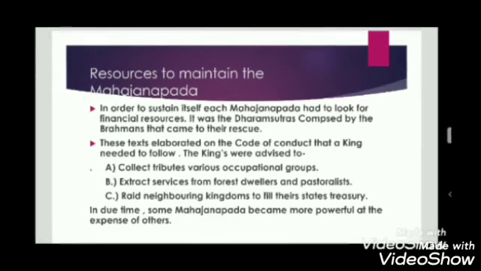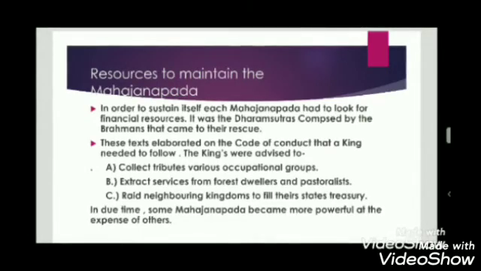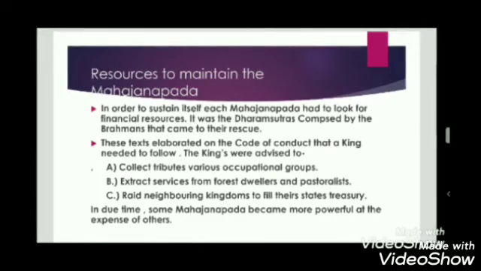So, another important feature which was written in Dharma Sutra as a legitimate means of acquiring more wealth by the ruler was attacking neighboring states. So, if you were able to bring the neighboring state under subjugation and exploit their resources, obviously you would be better off.